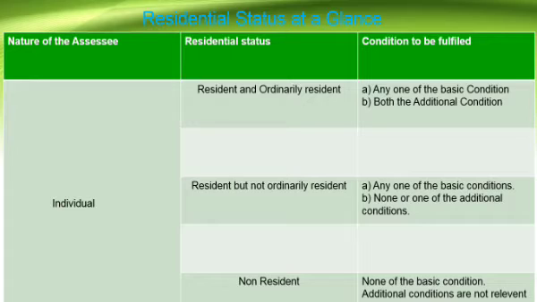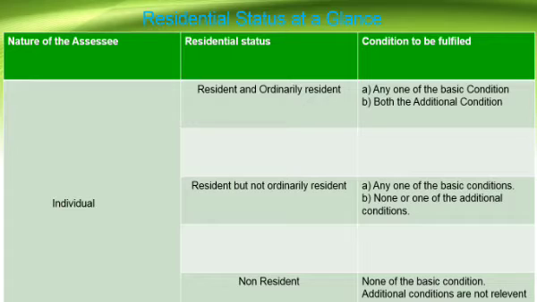Second is resident but not ordinarily resident. What conditions does he have to fulfill? He has to fulfill any one of the basic conditions. If he has satisfied any one of the basic conditions and none or only one of the additional conditions, his residential status is considered resident but not ordinarily resident of India.